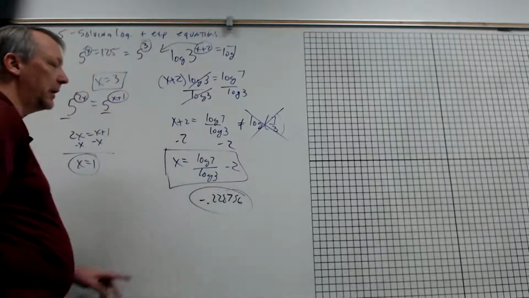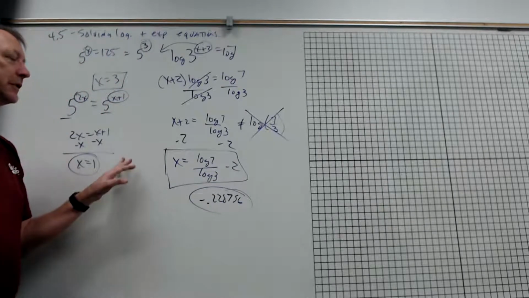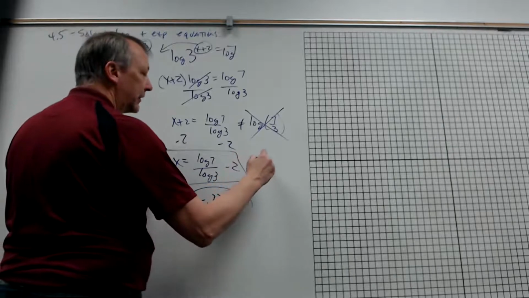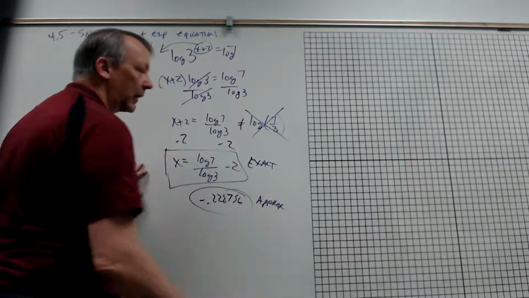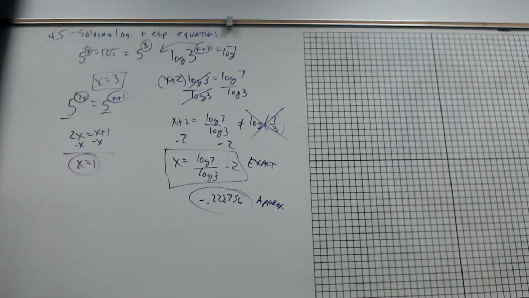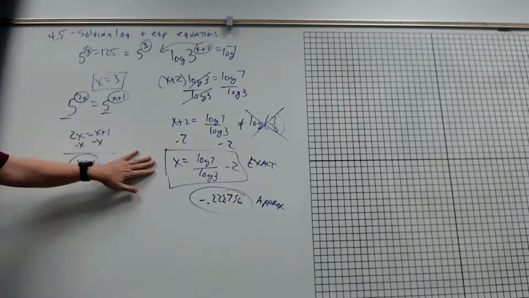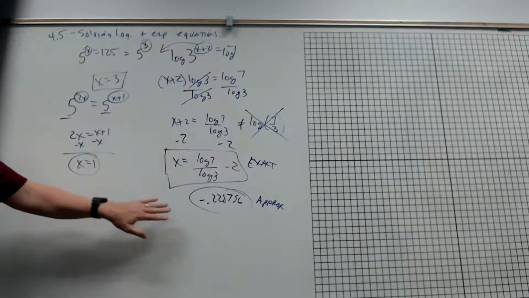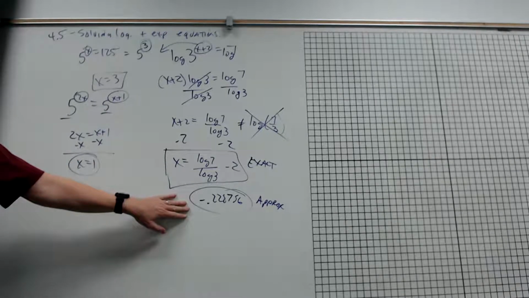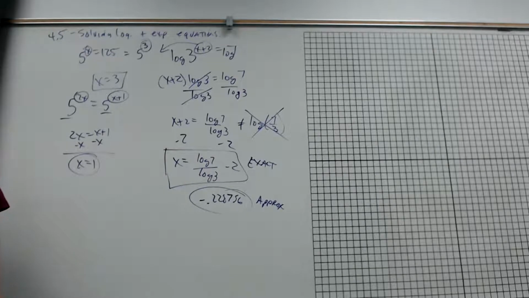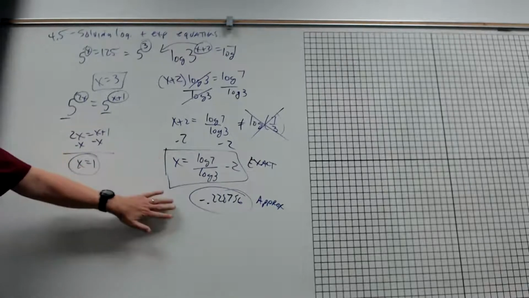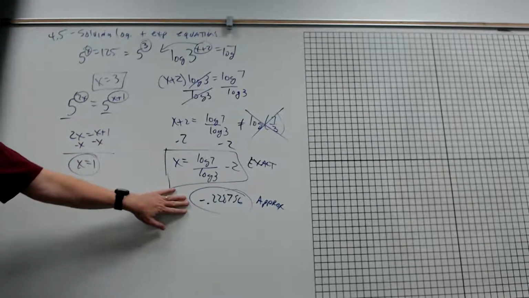So this is what we would call the exact answer. This is the approximate answer. If I ask you for an exact answer, this is what I'm looking for. If I ask you for an approximate answer, that's what I'm looking for. Because the approximate answer has even more decimals than I listed there. So pay attention to the wording, exact, approximate, okay?